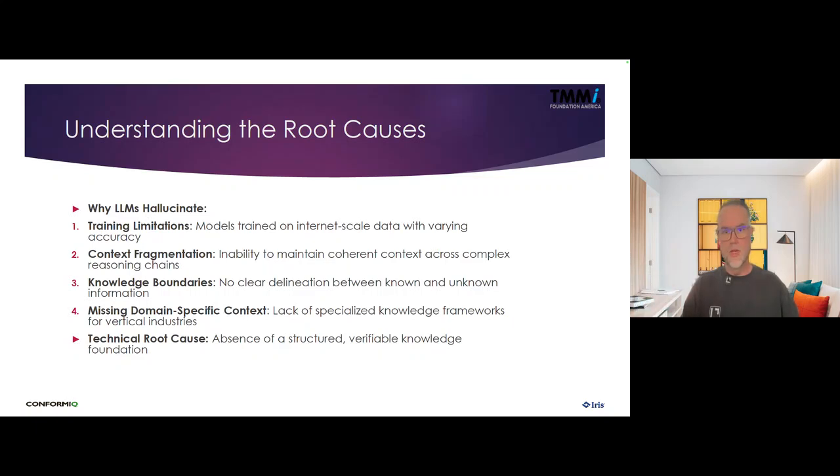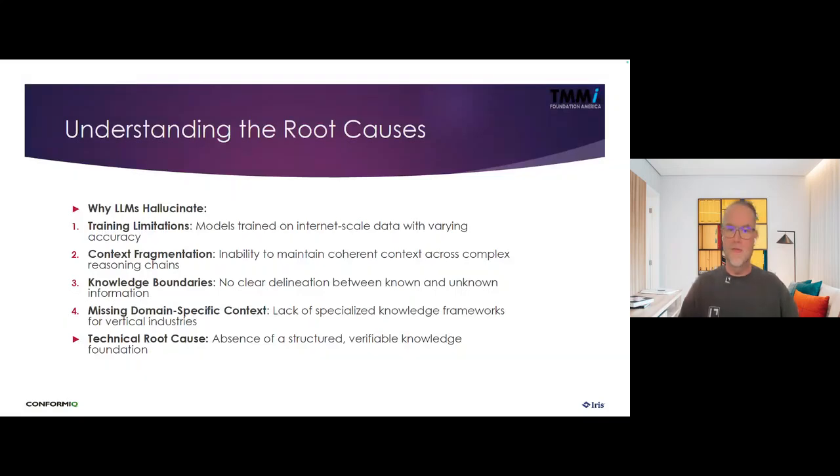The root causes go far deeper than most organizations will realize, and addressing them requires more than surface-level fixes. First, LLMs are trained on internet-scale data with wildly varying accuracy. If anybody's used Grok recently, you'll get returns that are anchored on somebody's response from a tweet.